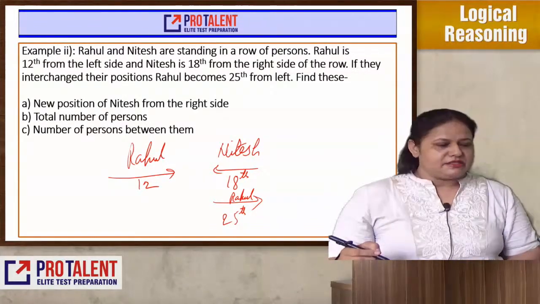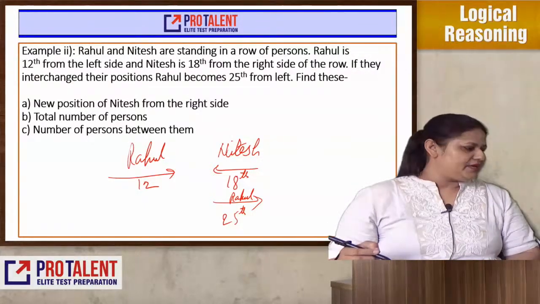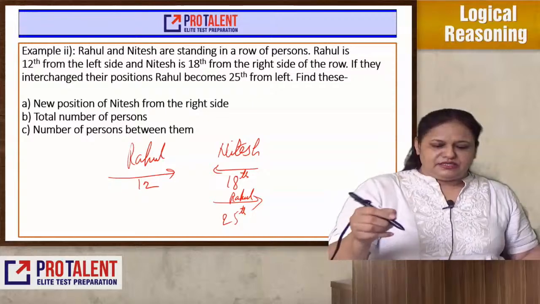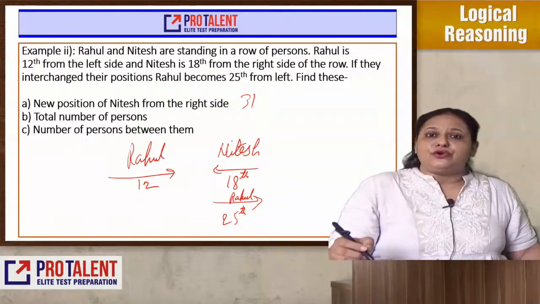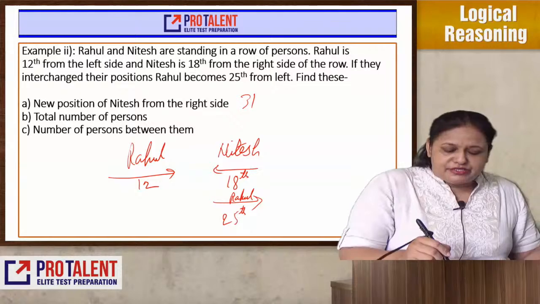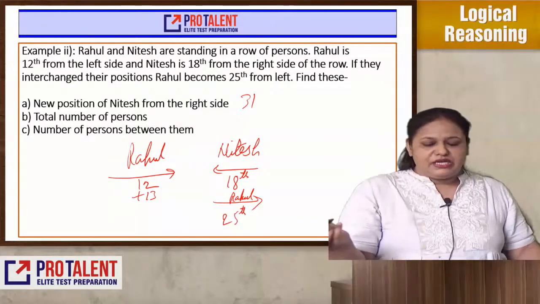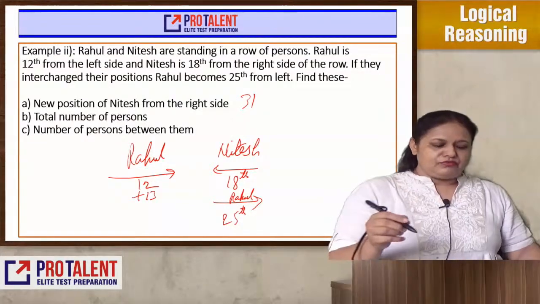Yes, it will be 31 because we have to add 13 to it. Very simple: from 12 to 25, Rahul is moving 13 places and hence Nitesh is also moving 13 places. So 31.